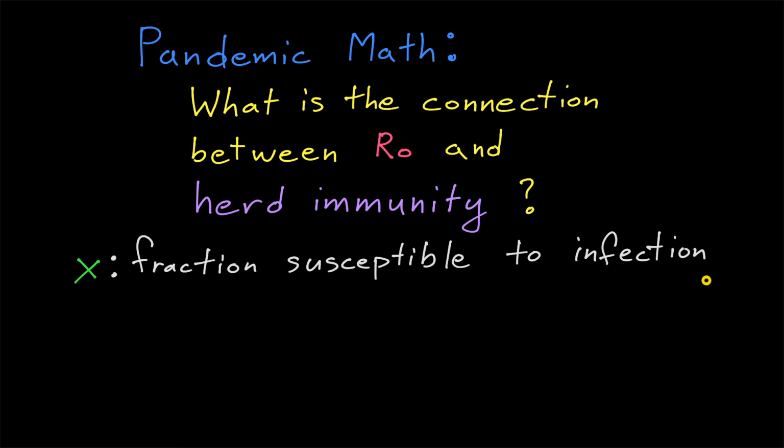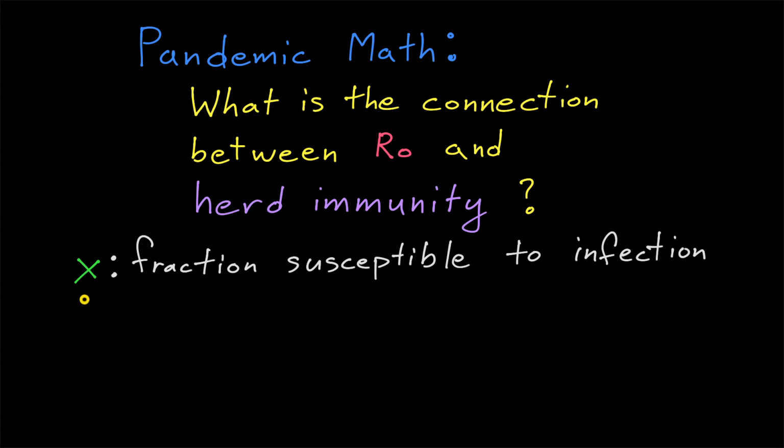You can apply this model to any infectious disease. But if you're considering COVID-19, and let's say 90% of the people in that population are susceptible to infection, then X would be equal to 0.9, because 0.9 is the decimal representation of 90%. So it's basically the decimal representation of the percentage that is susceptible to infection.